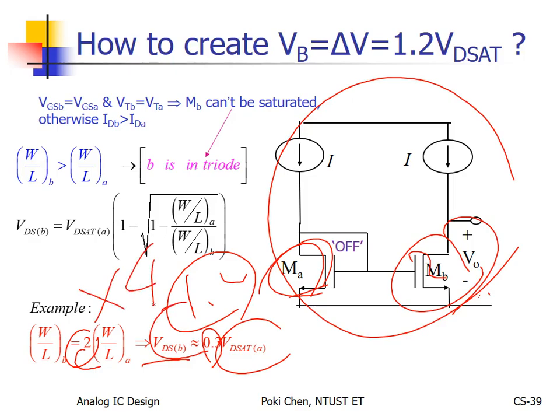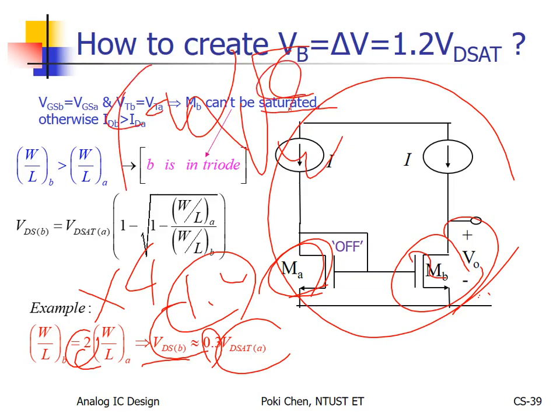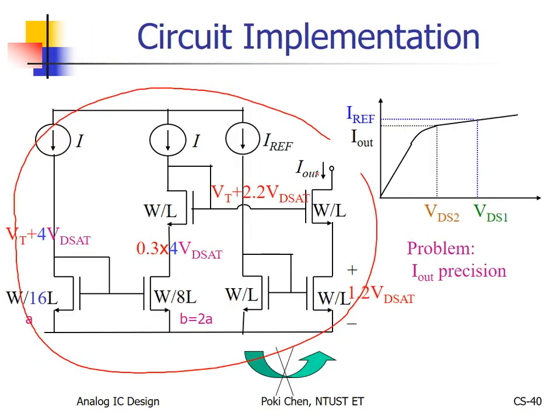How to increase your delta V by 4 times? Again, delta V is proportional to L over W. To make it 4 times, then the length should be 4 times larger, or the width needs to be 4 times less. That's it. Okay. So you will see here why it is 16. That is the reasoning. Okay, and this is for A.